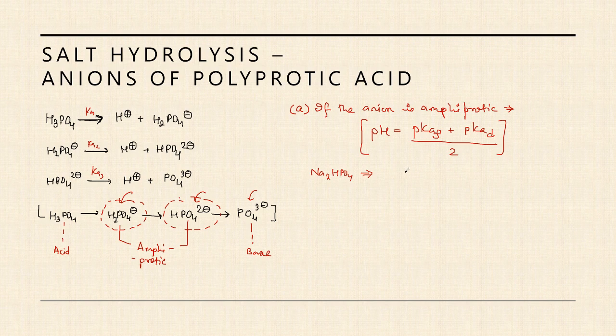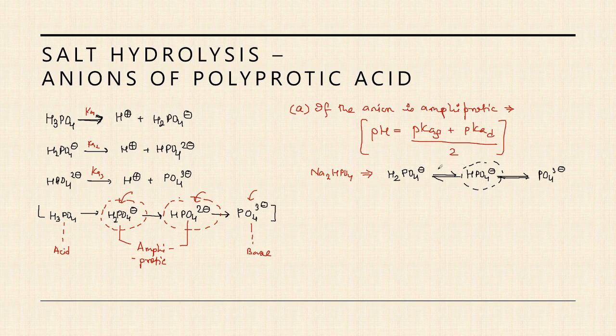So can I say HPO4 2 minus is produced in this equilibrium and it is utilized in this equilibrium? Can I say that? HPO4 2 minus is produced as a result of this equilibrium and it is being utilized as a result of this equilibrium.